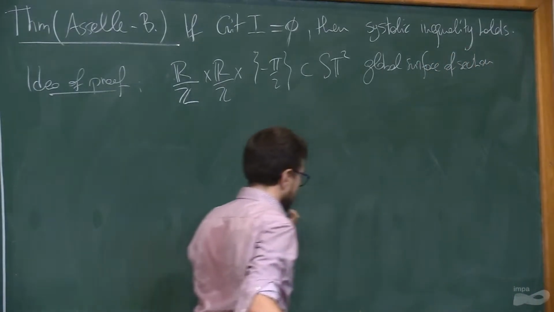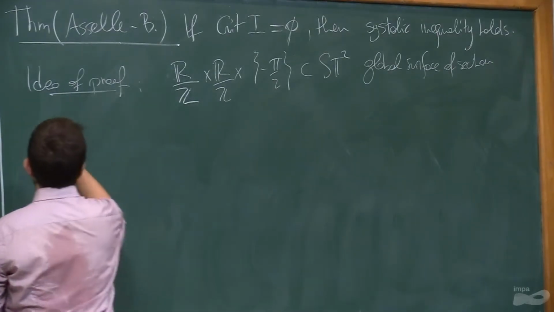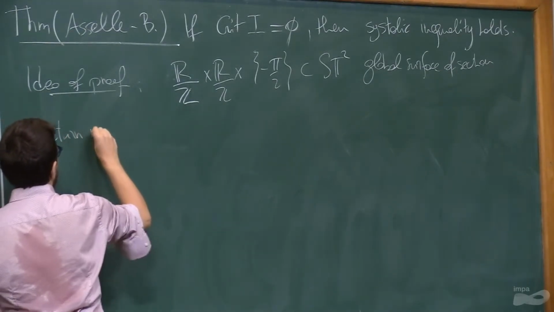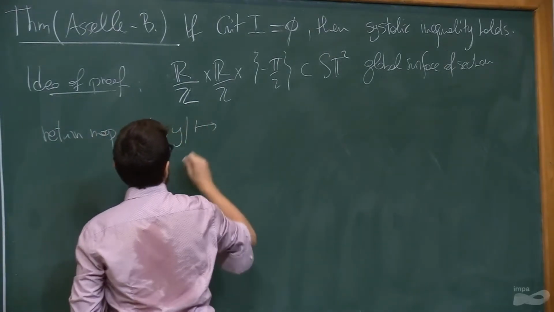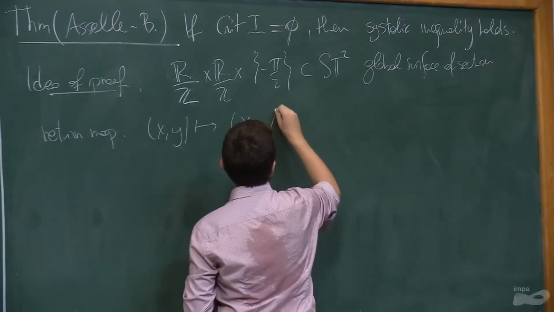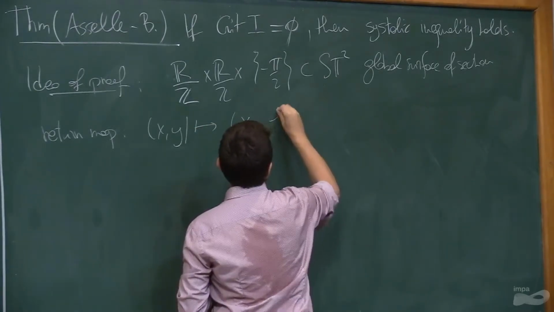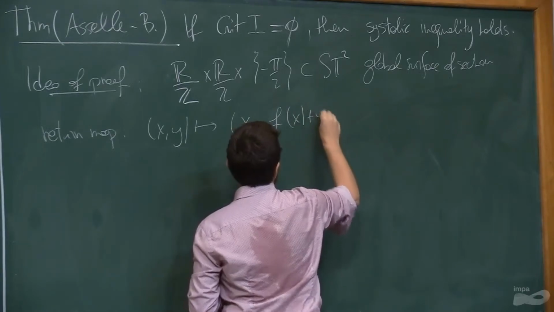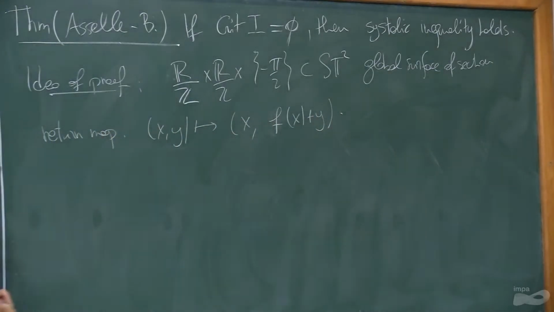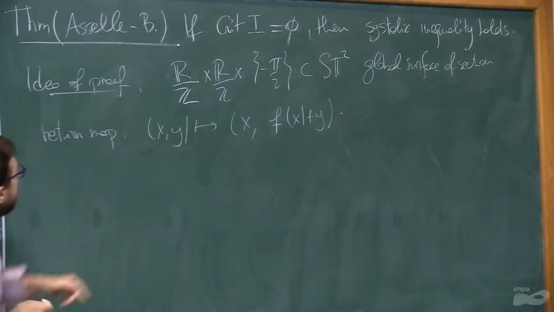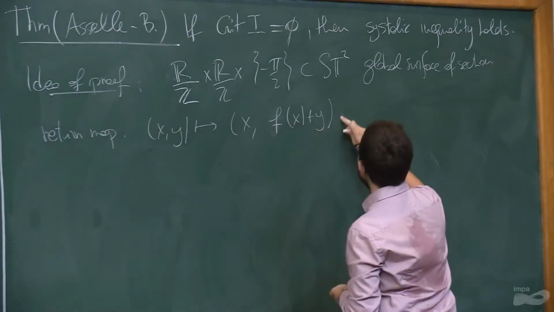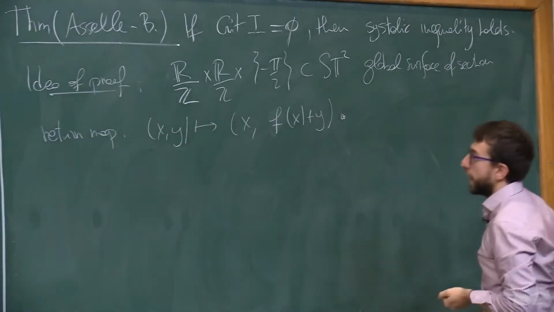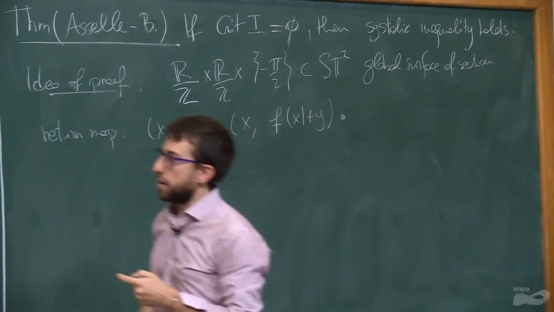Then the return map is also easy to write: x, y goes to x and then f of x plus y. For this kind of map, it's almost immediate to show that the systolic inequality holds. Okay, so this was what I wanted to say about the first point.